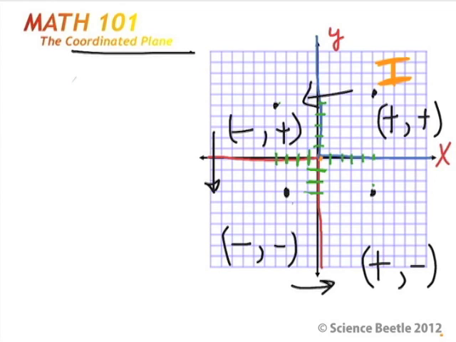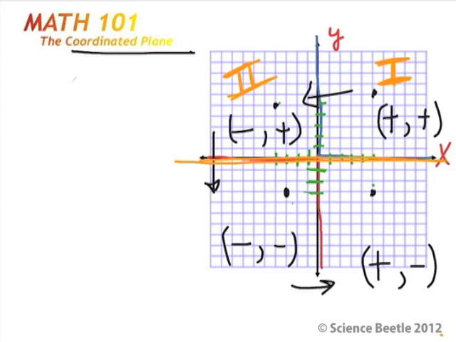And then we move over here to section 2. These numbers are going to have a negative x and a positive y. Why? Because they are above, at least for the y's, they are above the 0 line.